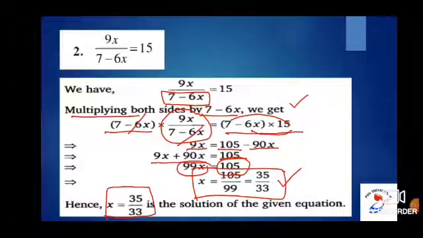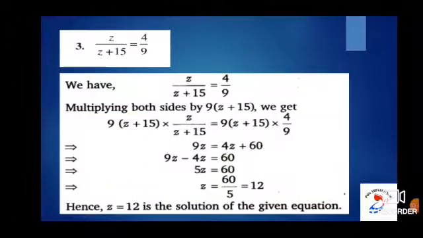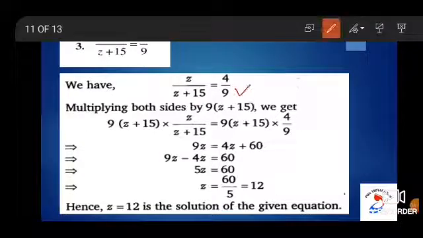This completes this problem. Now we'll move on to the third problem of the same exercise, that is z by (z plus 15) is equal to 4 by 9. Again the same method. We have 9 on one side and z plus 15 on the other side.